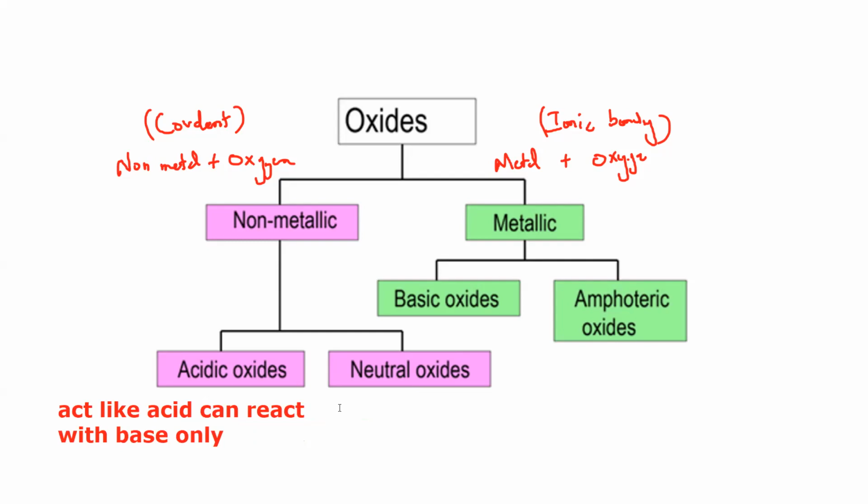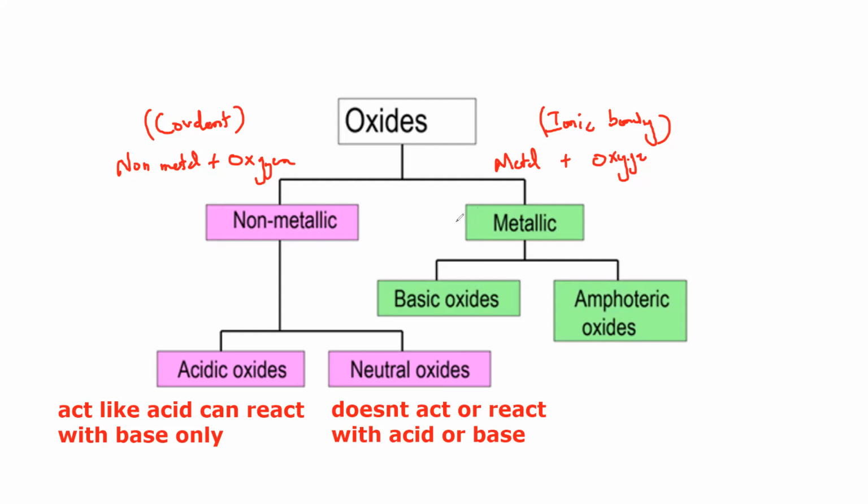A neutral oxide is an oxide which does not act like an acid or a base. It has neither an acidic nature nor a basic nature. I will give examples on the next slide. The table is also there. But the idea is that from the name, you should be able to identify.